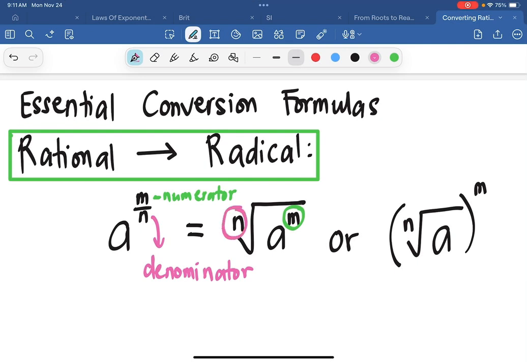So that's just the basis. As you can see here, we also have another equivalent form of the radical: the quantity of the nth root of a, raised to m. So either of the two is okay when you're going from rational to radical.